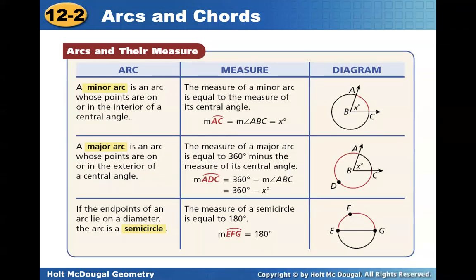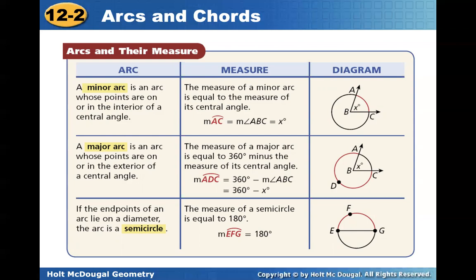The major arc, or a major arc, is an arc whose points are on or in the exterior of the central angle. So it's in the exterior of this central angle. There is no central angle out here because we don't have angles that are huge, okay? Our angles are usually less than 180 technically.